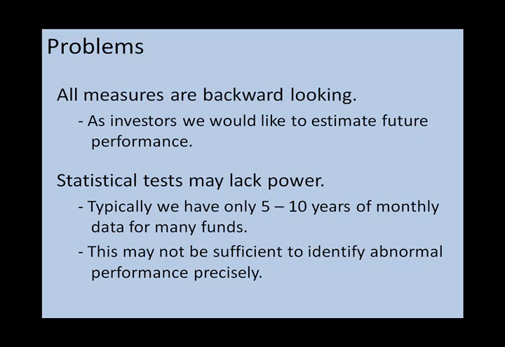It may not be sufficient if we've only got 5 or 10 years of data. We may not be able to identify this as being statistically significant. He or she may need to keep earning this 1% for 20 years before we could recognize that the abnormal return is statistically significant. That's all I want to cover today.